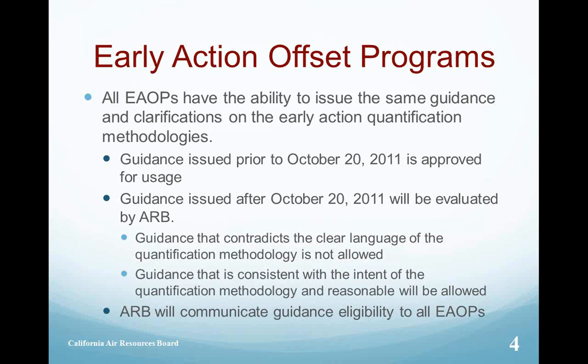Because of the Administrative Procedures Act in California and our regulatory requirements, there are some restrictions on the guidance that is currently out there on early action offset quantification methodologies.